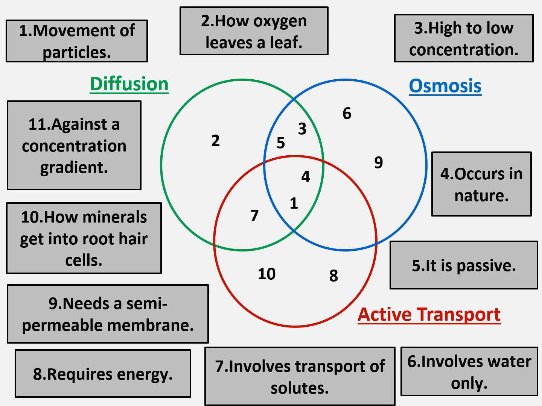Active transport is how minerals get into root hair cells, and that's because these minerals move from a low concentration to a higher concentration, so they move against the concentration gradient. So number 11 needs to go into the active transport circle as well.